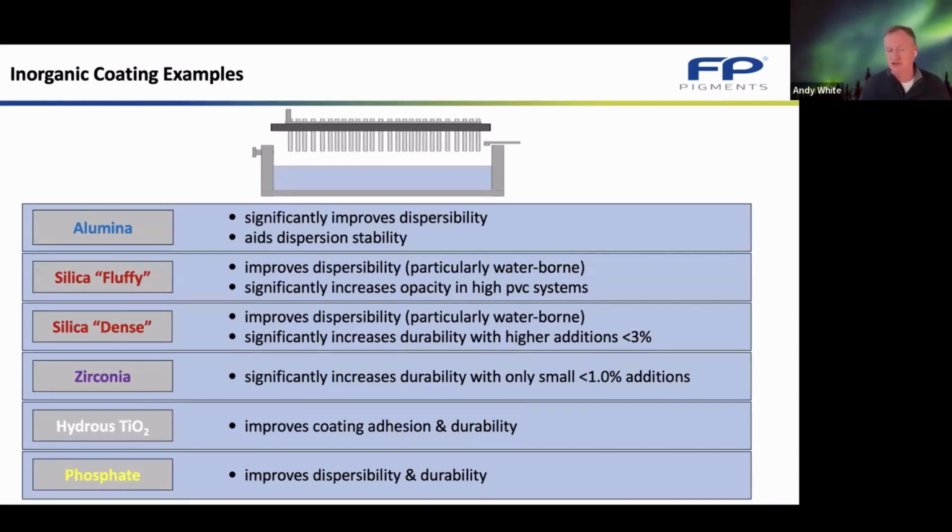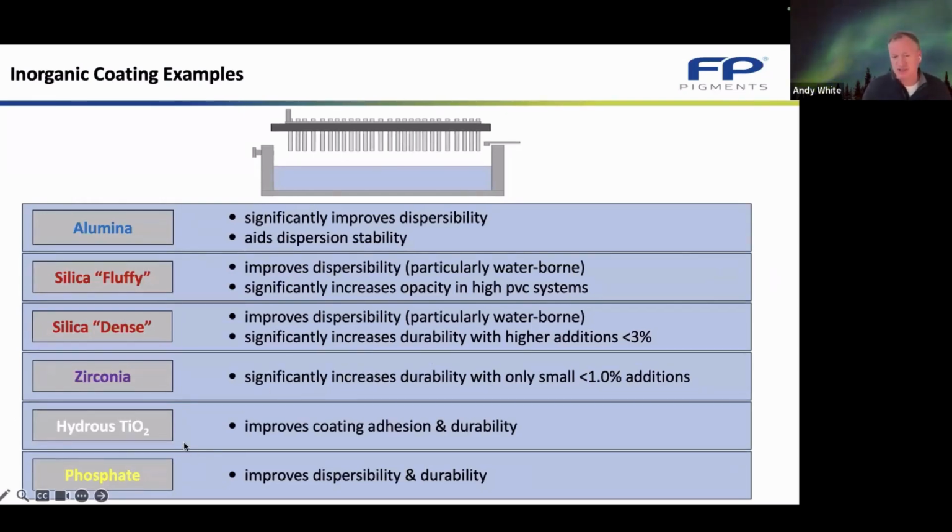By putting zirconia on the TiO2 in small quantities, they manage to scavenge the free radicals as they're produced inside the TiO2 crystal, to a degree, so that it reduces the effect on the polymer when this happens. Most multi-purpose grades of titanium dioxide and all durable grades of titanium dioxide will have some zirconia present in order to do that.